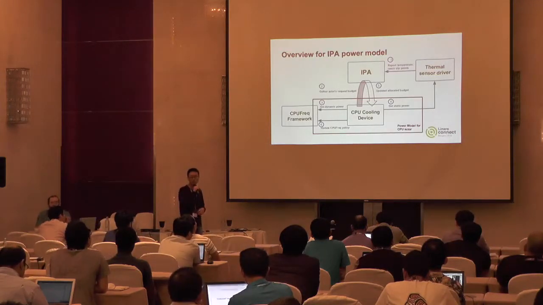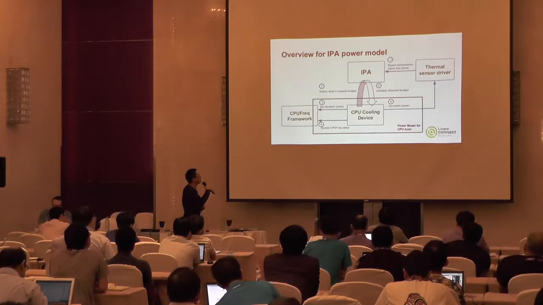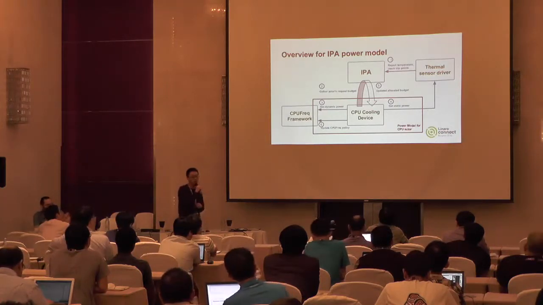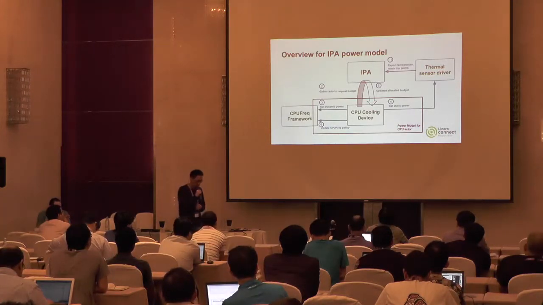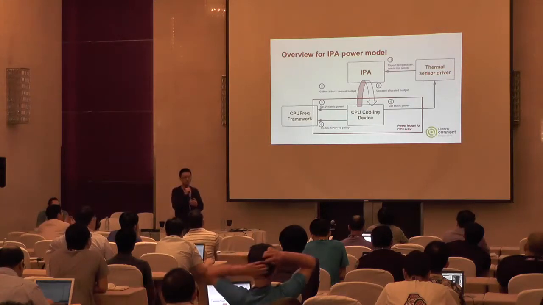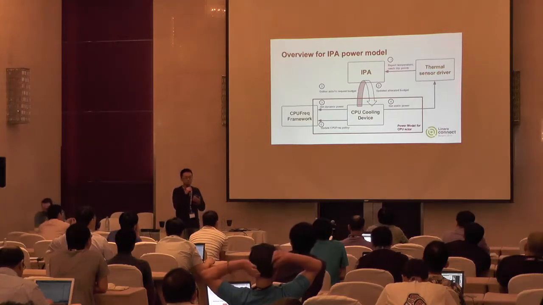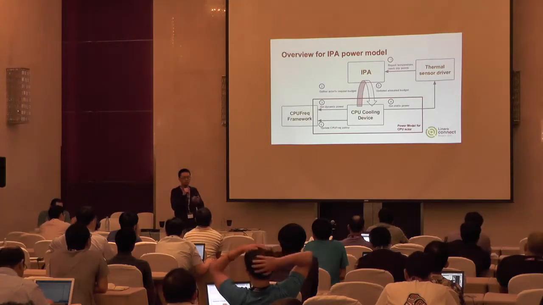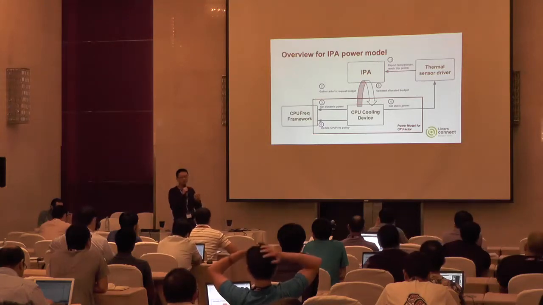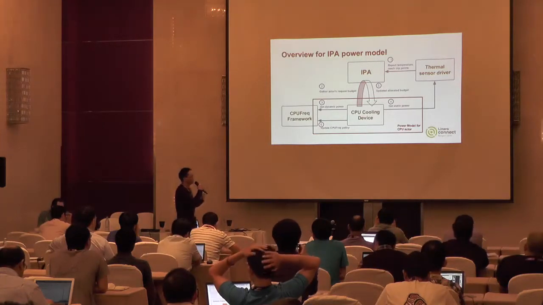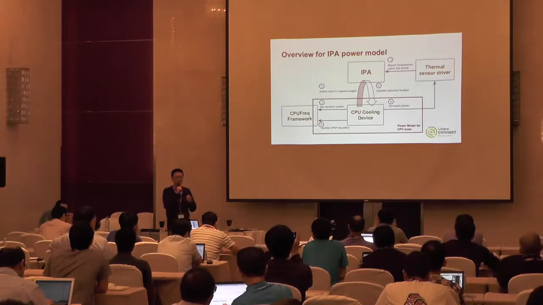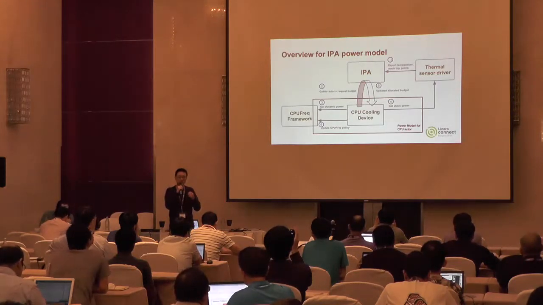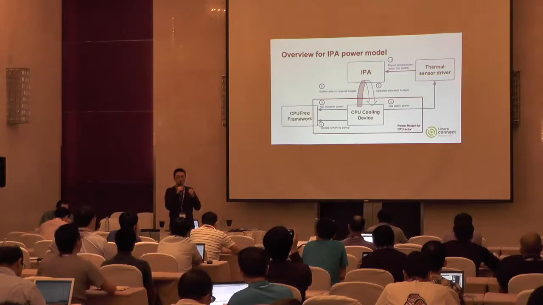Okay, so let's go on to IPA power modeling. IPA power modeling actually uses a different power modeling method. Now there is some discussion about unifying the power modeling, but currently IPA power modeling is different. It distinguishes the dynamic power coefficient and the static power.